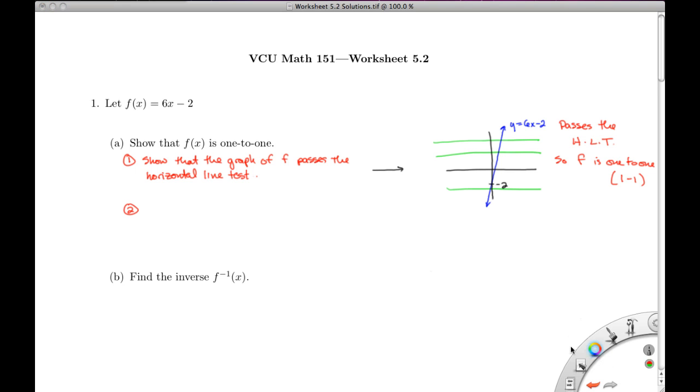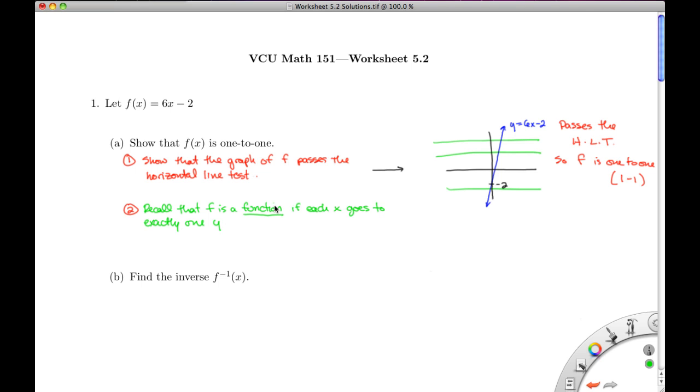I'm going to write this in a different color. So recall that f is a function. So how we defined a function is if each x goes to exactly 1 y.